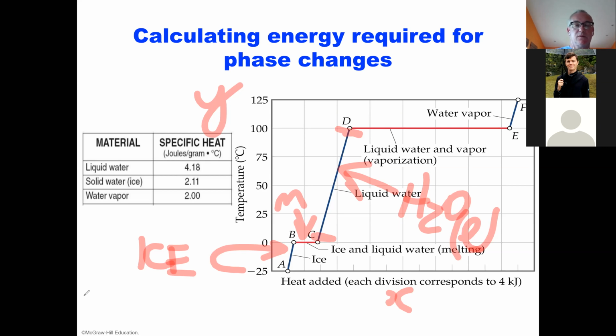We use ΔH fusion for when it's freezing, and we use ΔH vaporization when it's boiling. What do we use in between, when we just have liquid water? How do we calculate that? What equation are we going to use?